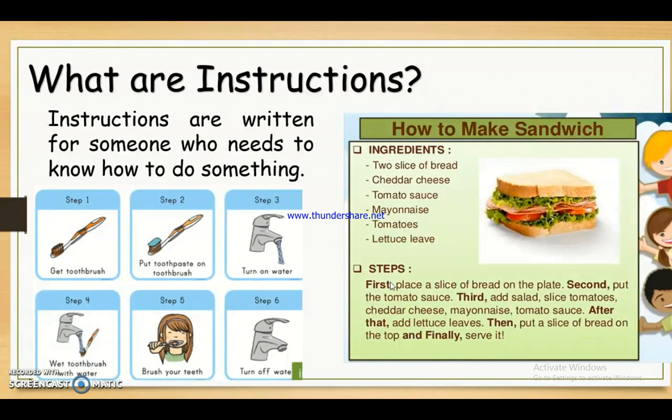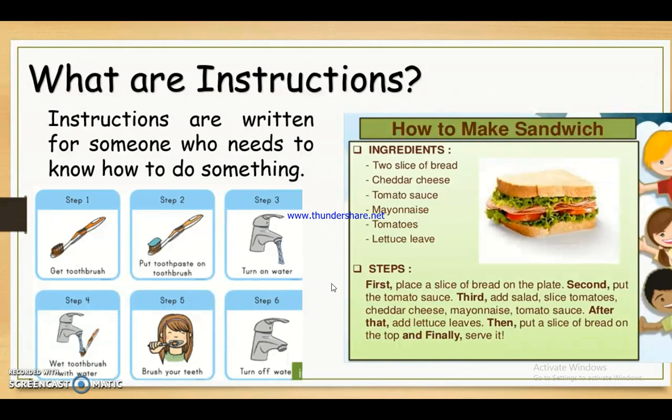And then we have the steps. Whenever you are writing the steps or writing the instructions, we use something that is called the time connectors. What are the time connectors? They are first, second, third, and we have after that, then, and finally.